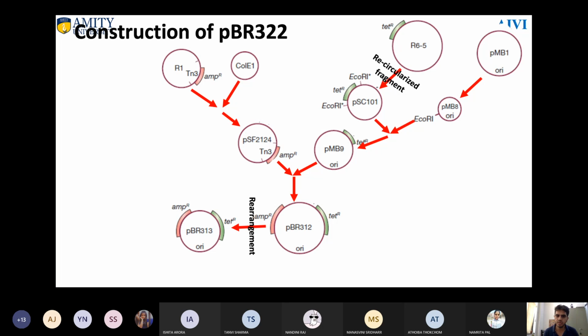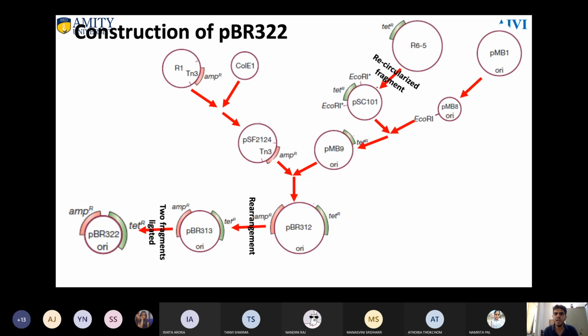Then again, it didn't do your job, still a bit larger. So what you did is break it down into two fragments and remove certain more fragments, so that your plasmid becomes further smaller in size. This new vector is called pBR322, and this is the first successful vector which served the job that we all want.